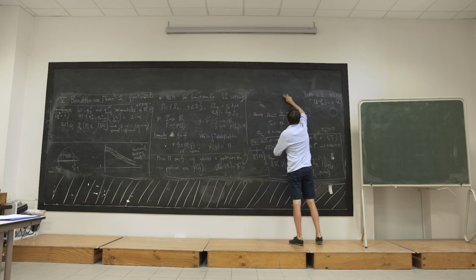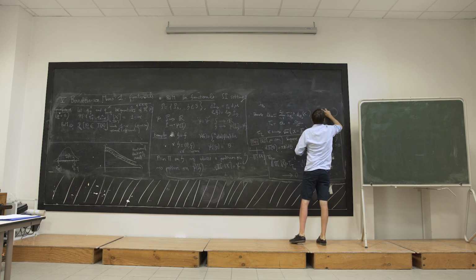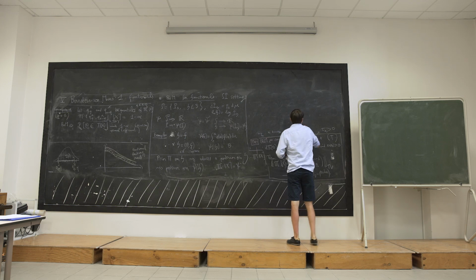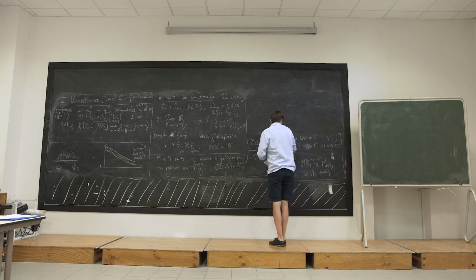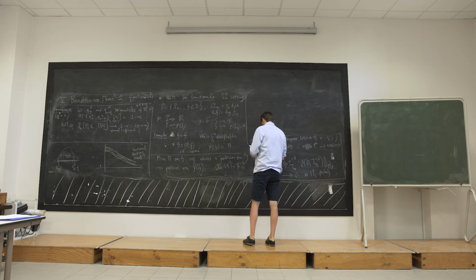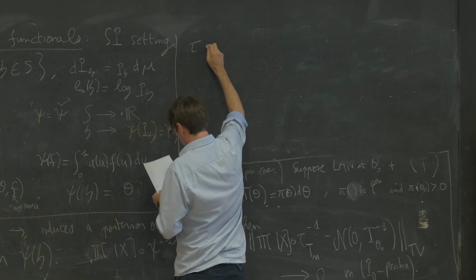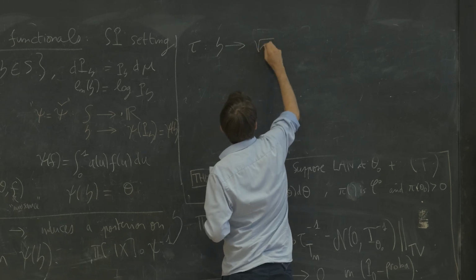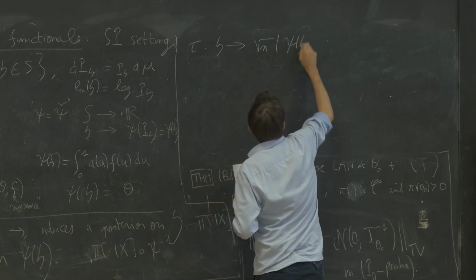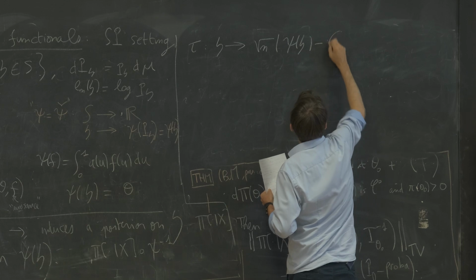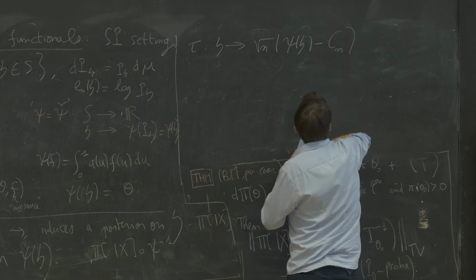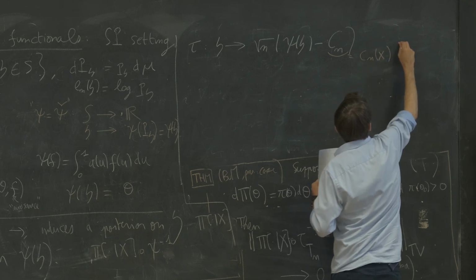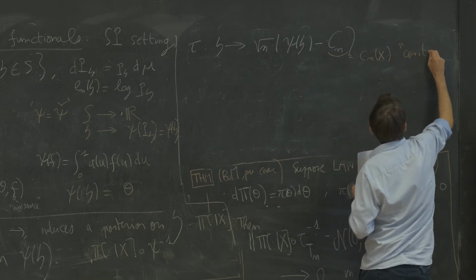Let me just erase that. We'll introduce a notation for centering. This tau that I was using here will be the same in this context. Tau will take eta to square root n times psi of eta minus a certain Cn. Cn will be a certain centering that depends on x, that we have to choose.